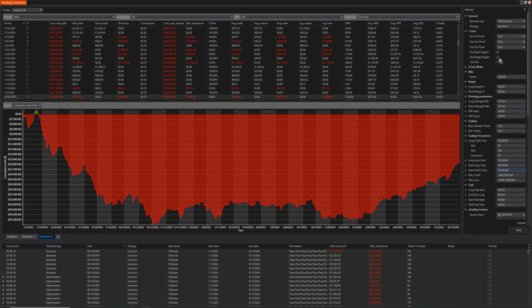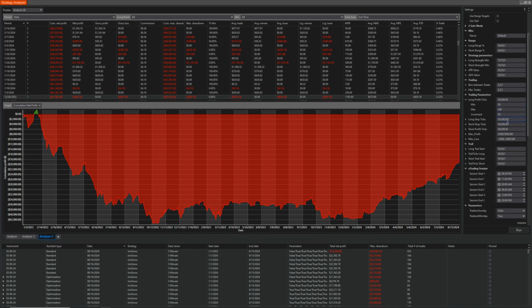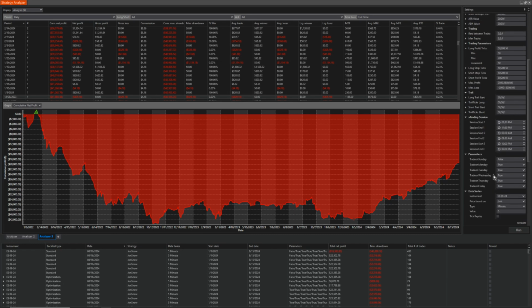Typically, I won't add in these things right away. I might use a trail towards the end of optimizing to see if a trailing to target will help. I want to start with the simplest possible. So let's just start with a simple PT and stop loss, real simple settings.